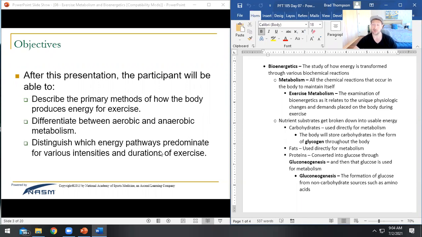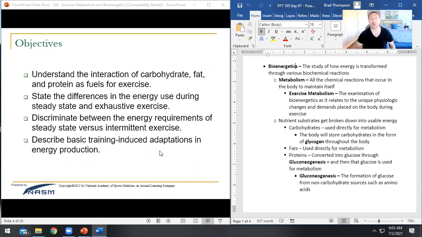Such a fancy way of saying we also want to analyze how the different energy systems are used for different intensities with our clients, right? So that is another one that we're going to be looking at. We definitely want to look at how carbohydrates, fats, and proteins are used for fuel, the different energies that are going to be used during steady state cardio versus exhaustive, super high intensity cardio.